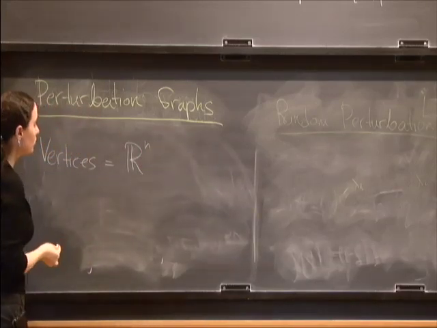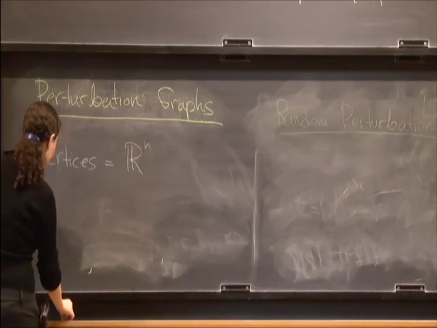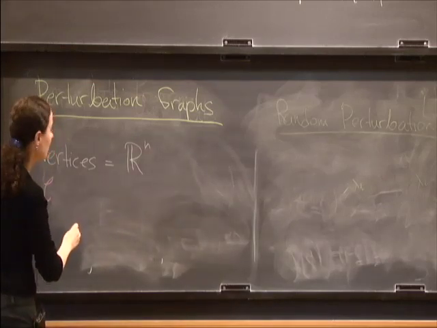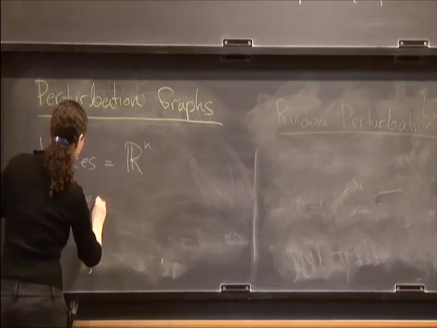And we're going to have two types of edges. Let's do it with blue, C edges, and we're going to have R edges.